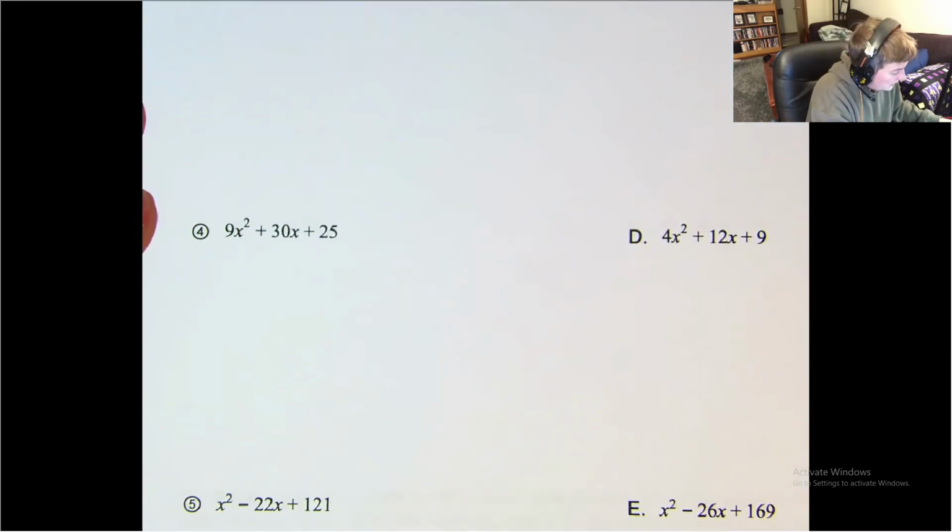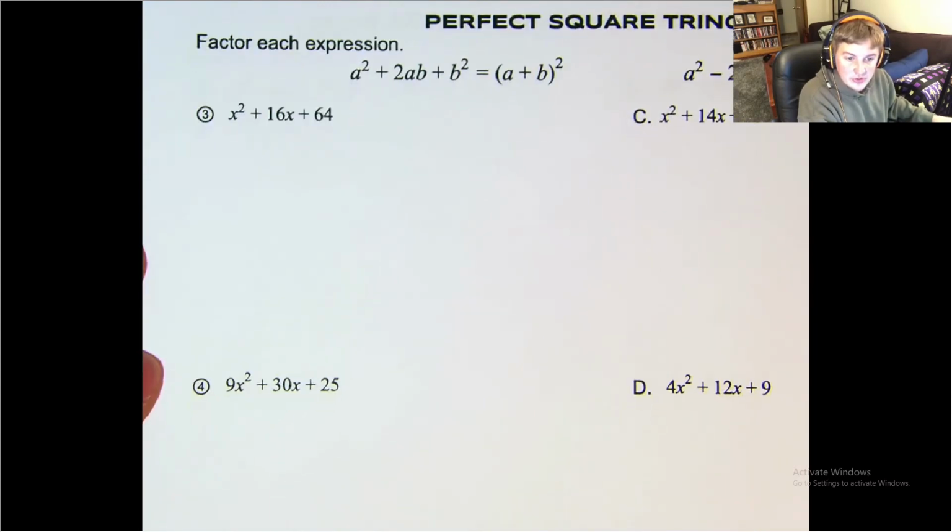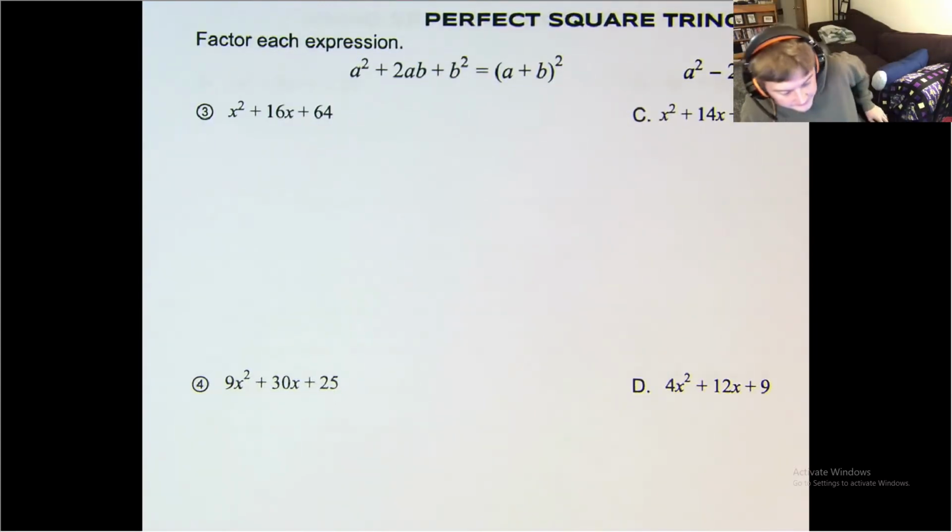Okay. Now what I want to do is I want to go over a perfect square trinomial. Perfect square trinomials are expressions that factor, and they turn out to be literally a perfect square. The same length on the length, same length on the width as well.